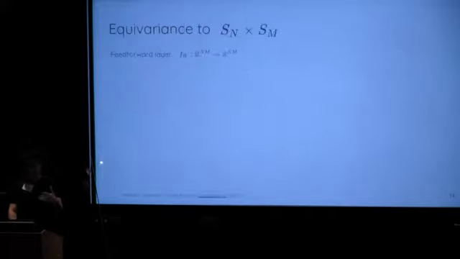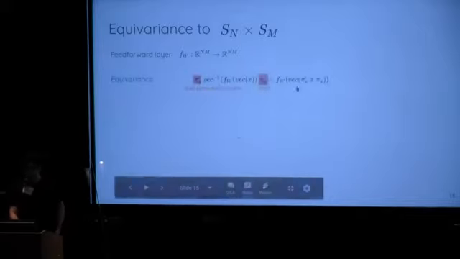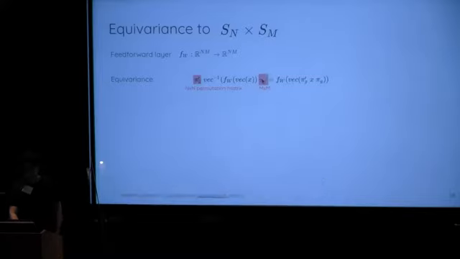So in this case, we want equivariance to the action of the product of two symmetric groups. One is shuffling the rows, the other one is shuffling the columns. And we can write the equivariance property that we want like this. These are permutation matrices. Permutation of the columns, permutations of the rows of the output of the model should have the same effect as permuting the rows and columns of the input.